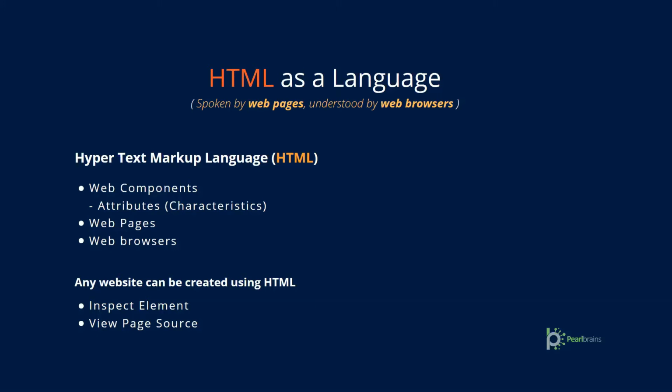And after this web browser has understood the HTML language, it interprets it and then communicates it back to the user. That's you. For example, if the web page is telling the web browser to display a paragraph, the web browser understands that this is a paragraph that I need to display, and then it displays it in form of a paragraph to you, the person who is viewing the web page.